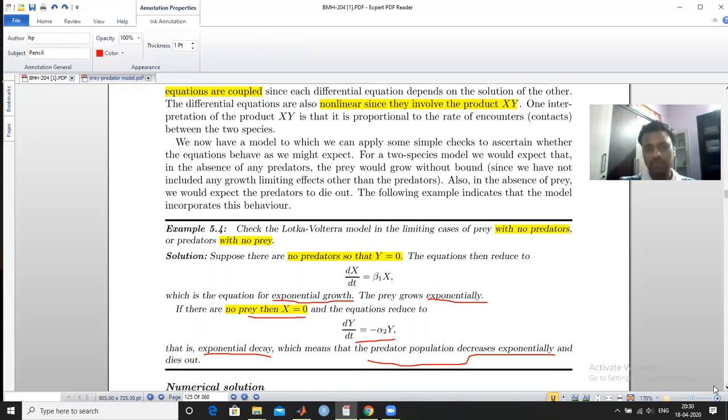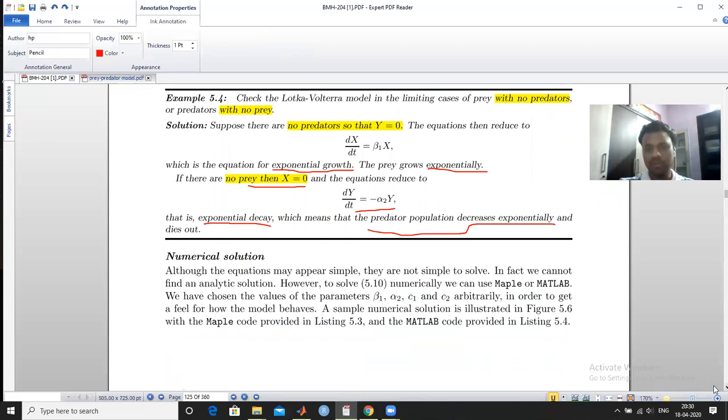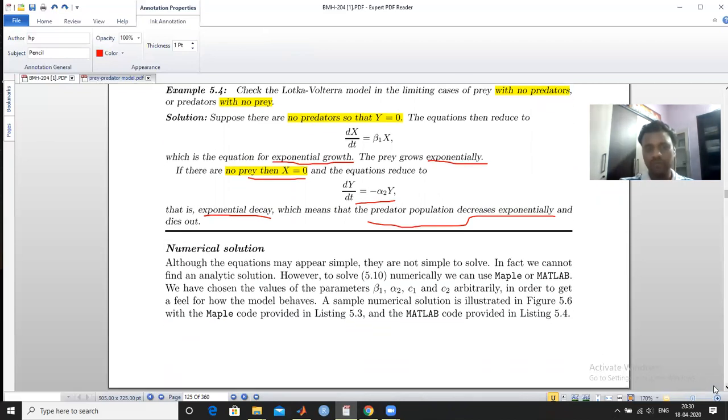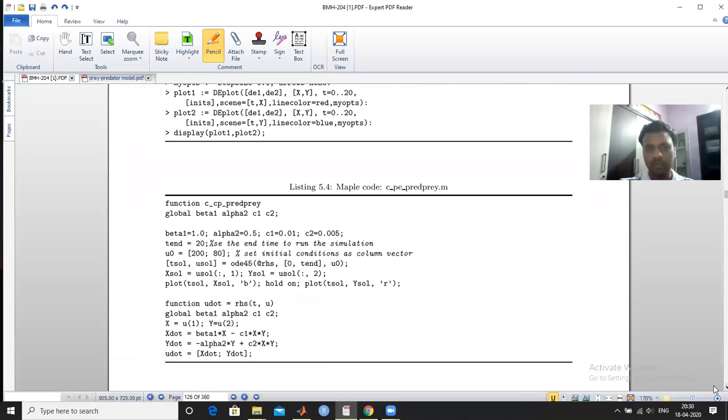Now we check what will be the numerical solution, because the analytical solution is difficult to find out. This is a non-linear system, so an analytical solution is not so easy. So we find the numerical solution, and this code is given in MATLAB and Maple. First one is Maple, this is in MATLAB.